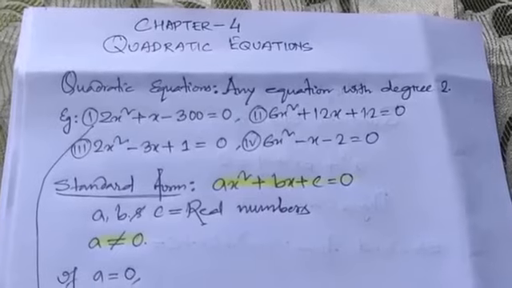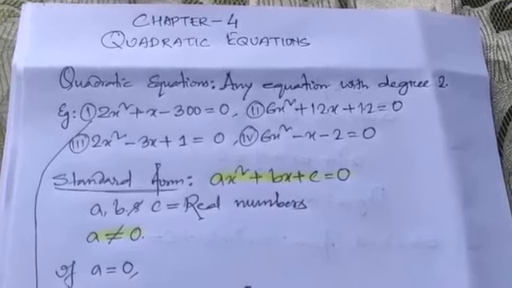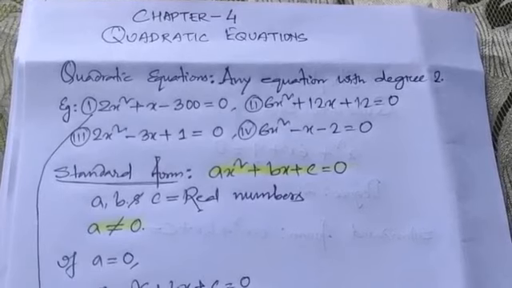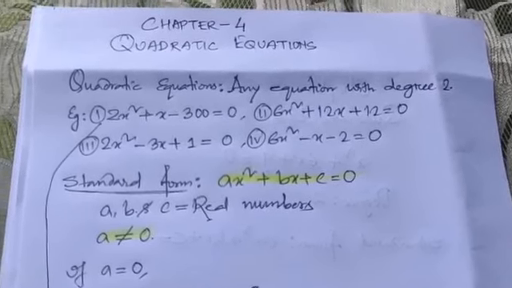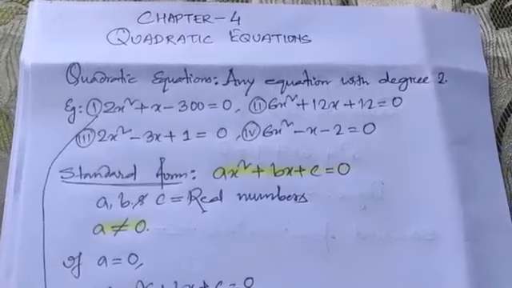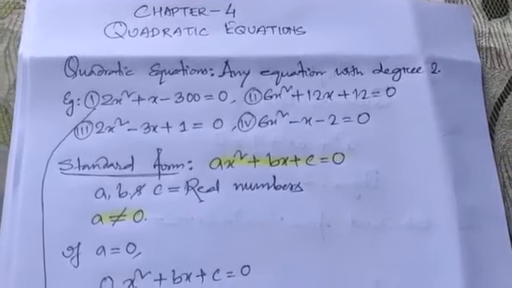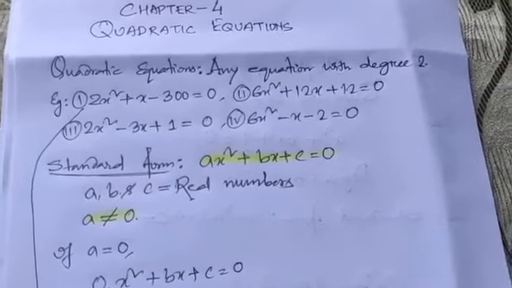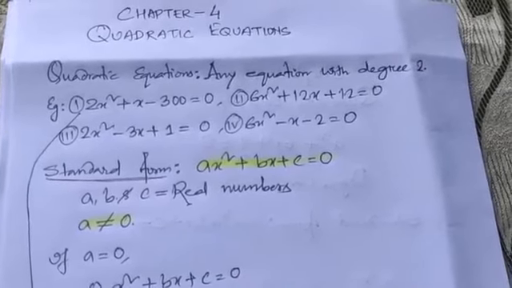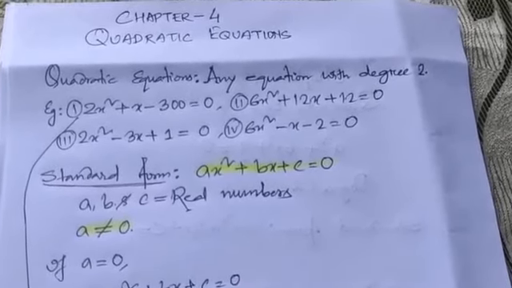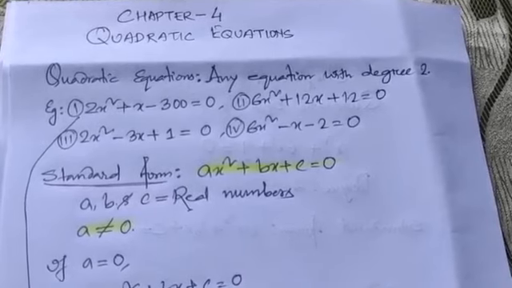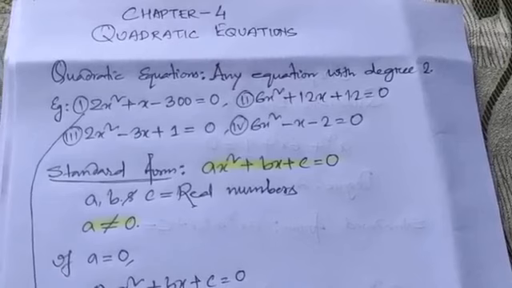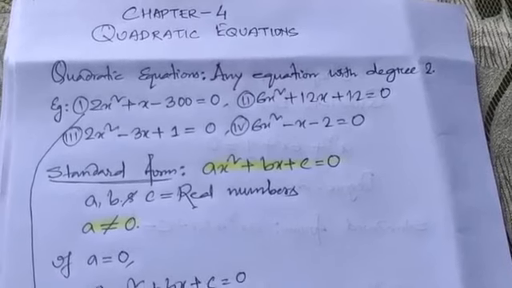In any algebraic expression, each term will have some powers, and when we're talking only about the highest power, then we can call that highest power the degree of that expression. Okay, so likewise in a quadratic equation our highest power will be only 2.